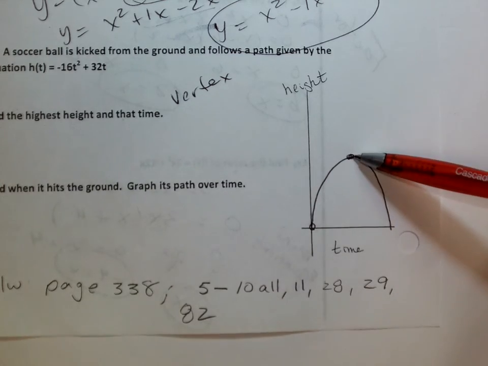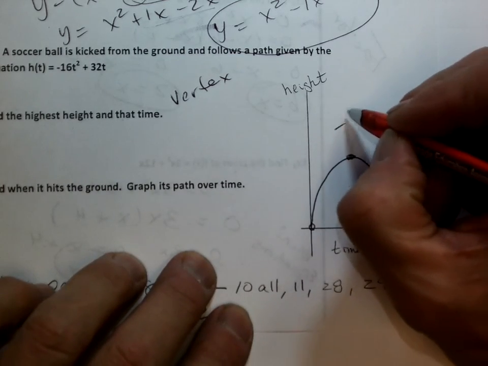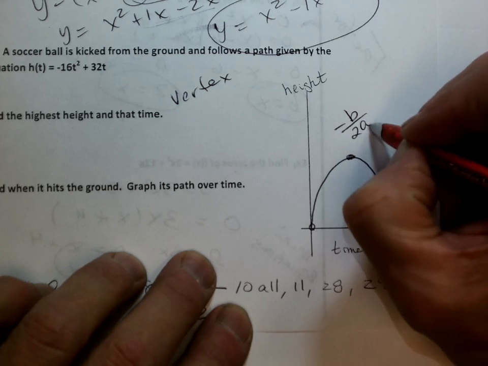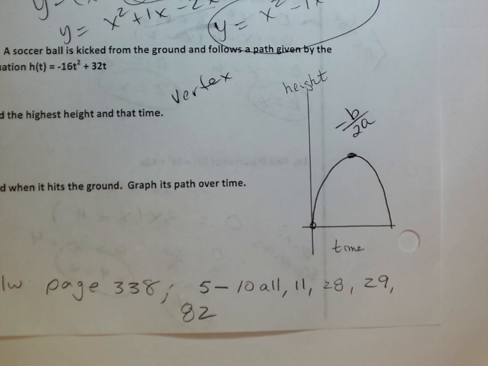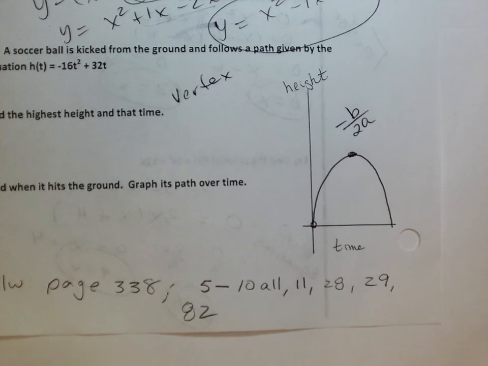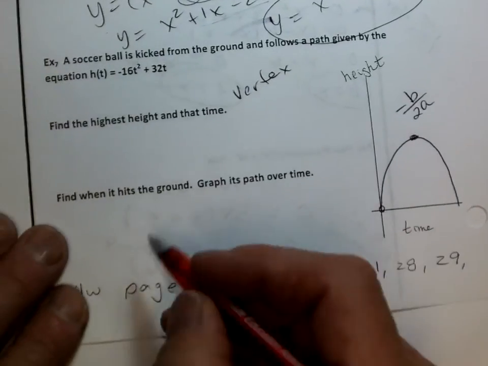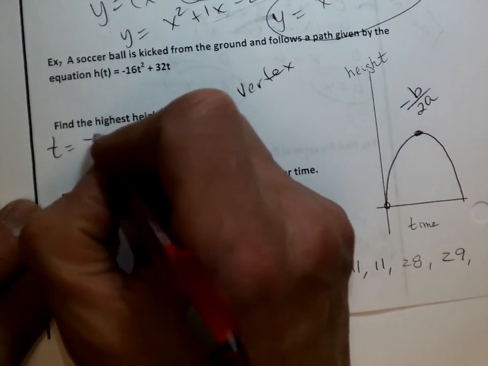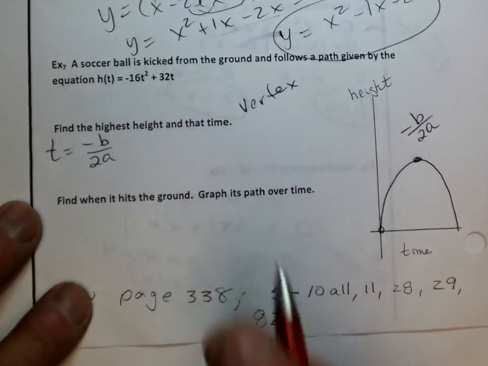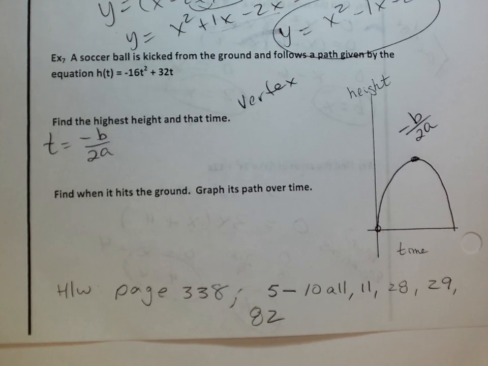Yesterday, we talked about the vertex, and we used that formula, negative b over 2a. That would give us the vertex, right? Today, we've been talking about the zeros, but yesterday we talked about the vertex, okay? So it's not x, but it's t, time. So I'm going to go, okay, t equals negative b over 2a. To find the vertex, I've got to use my vertex formula, negative b over 2a.